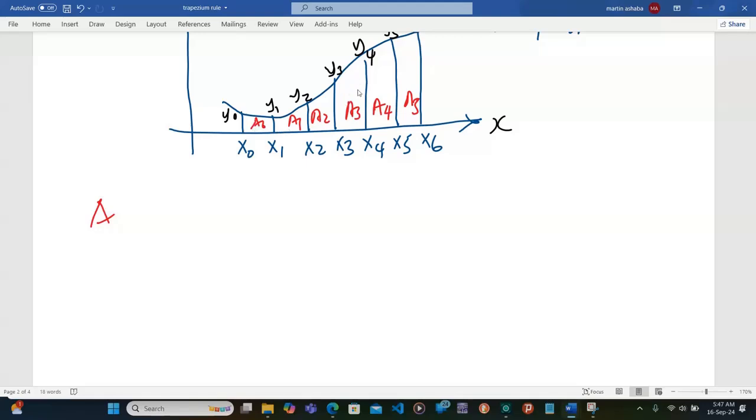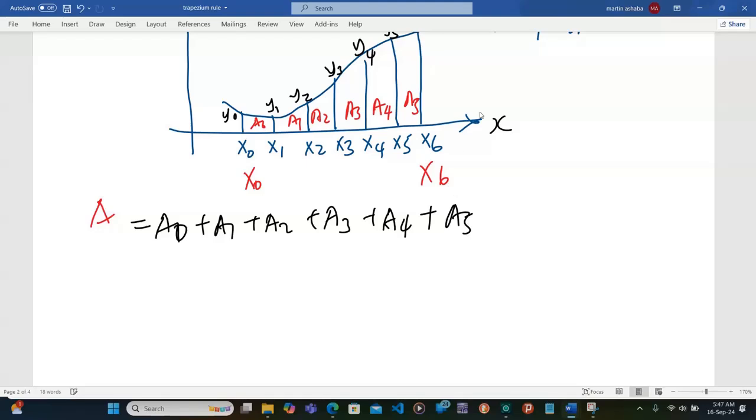The total area under this curve, if I am considering from x naught to x6, is going to be A naught plus A1 plus A2 plus A3 plus A4 plus A5. And what is A naught? This is going to be approximately h out of 2 into y naught plus y1.